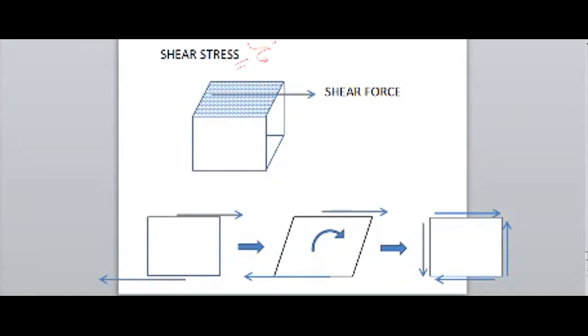To make this an equilibrium condition, we are applying the force only on the top face.